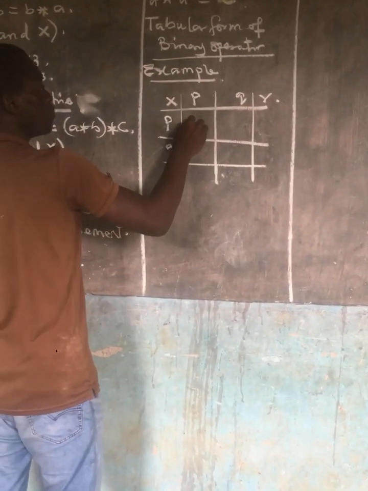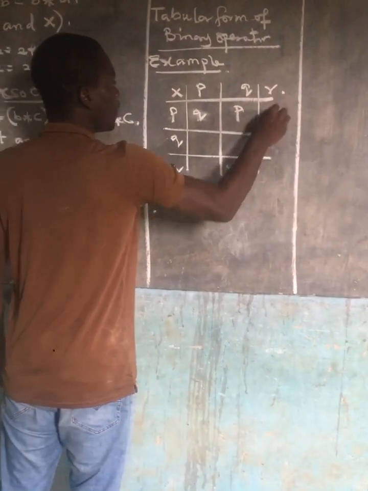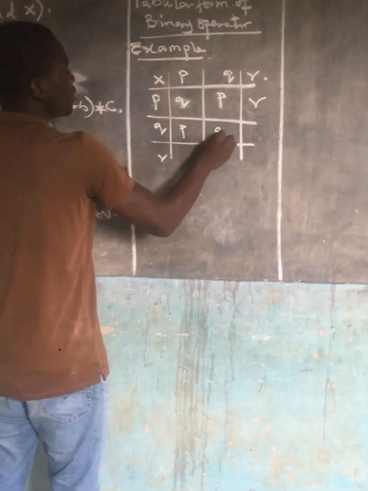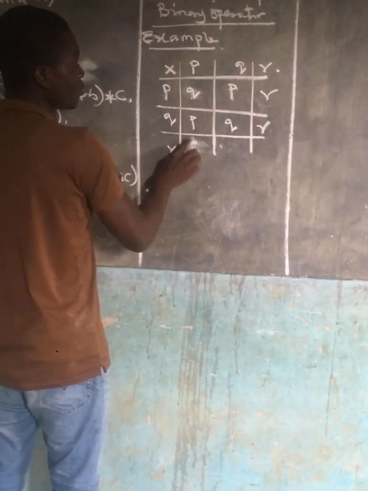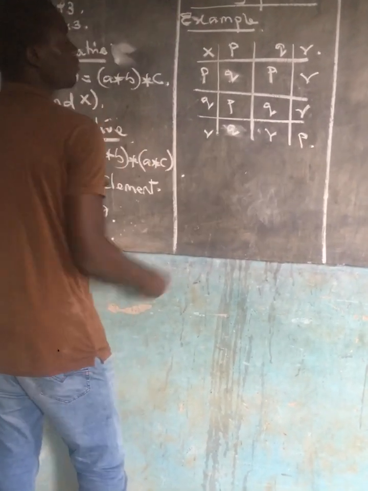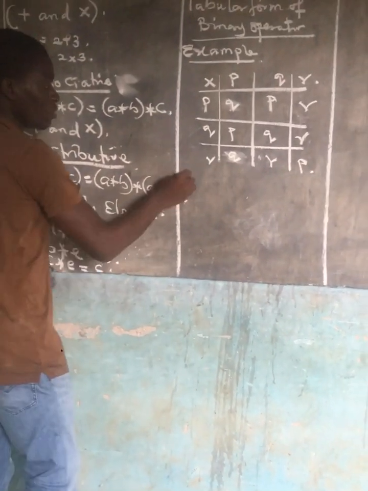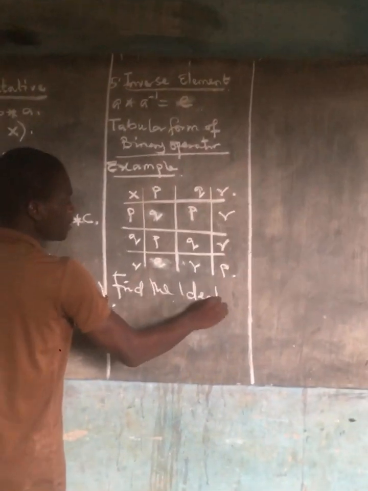Under P, let me do it: Q, P, P; Q, R, R; Q, R, P. The question is to find the identity element.